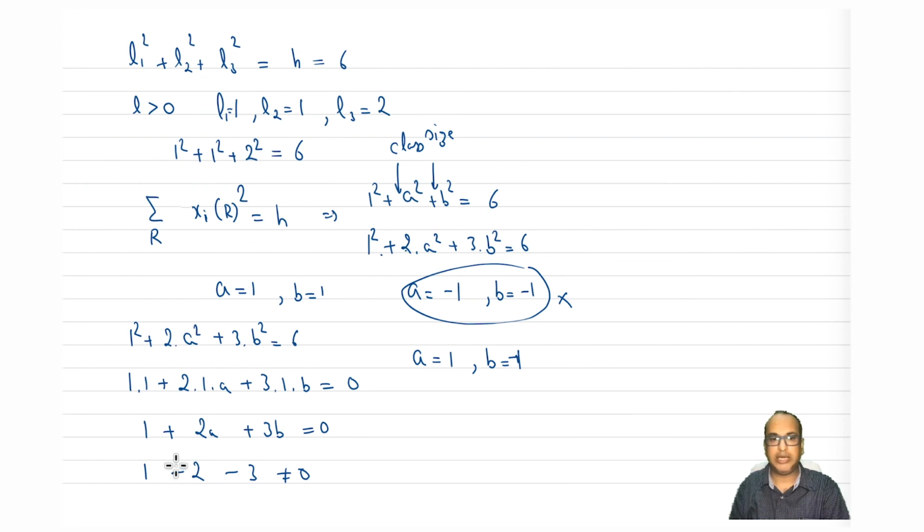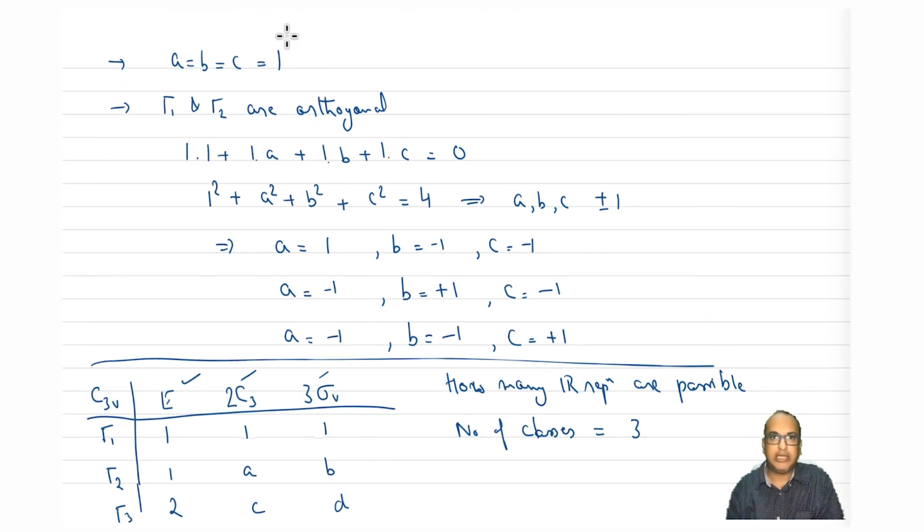So you can see that this becomes 1 plus 2a minus 3b, so 1 plus 2 minus 3 will be equal to 0. So now we have found one more solution. So let's go back and fill this up: 1 and minus 1.